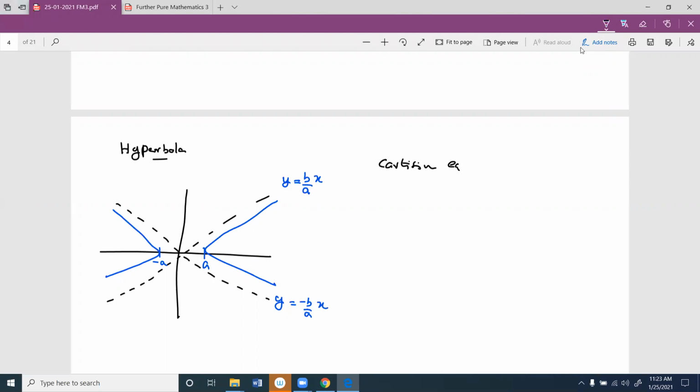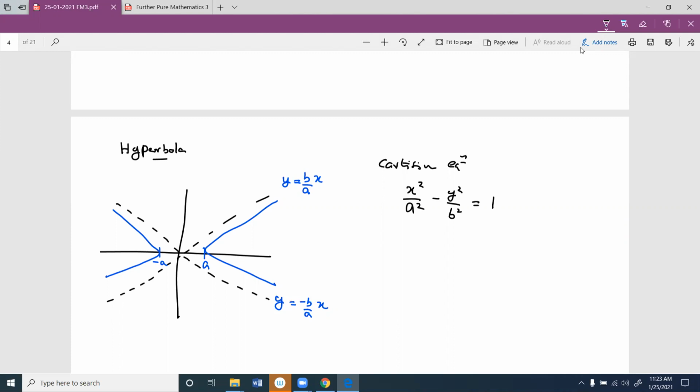You can say the Cartesian equation is x squared over a squared, the same thing as in our ellipse, where we get x squared over a squared plus y squared over b squared, but here it's turned into a minus. There is a difference between that. Minus y squared over b squared equals 1, right?